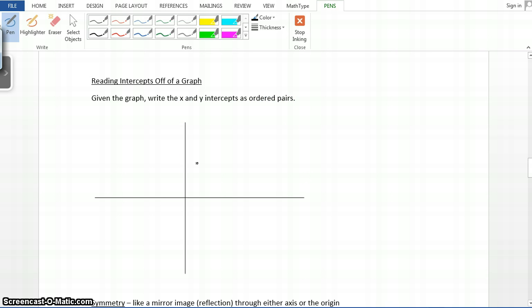So, what I need you to do in your notes is draw this graph exactly the way that I'm going to draw it, so we can accurately read these off. You can put about 5 tick marks on each axis.